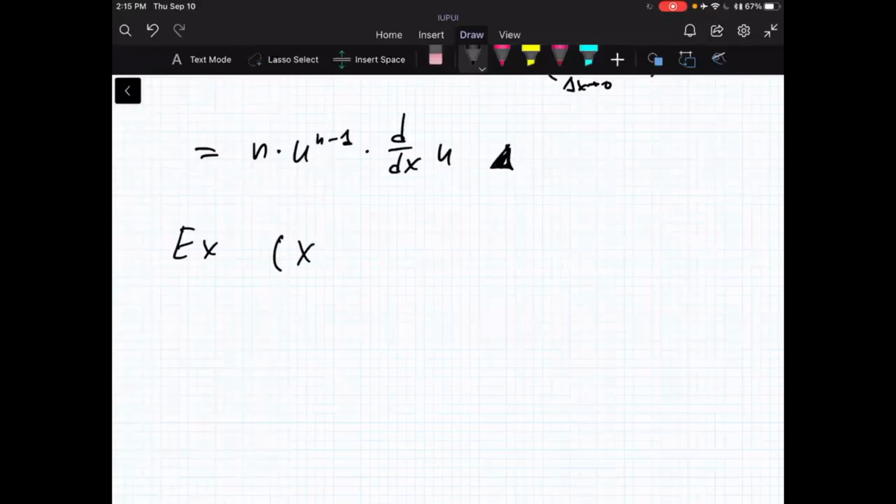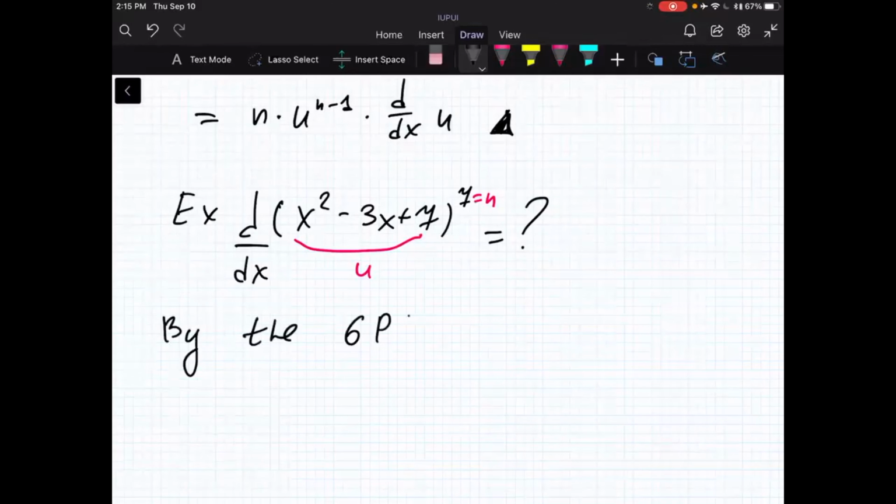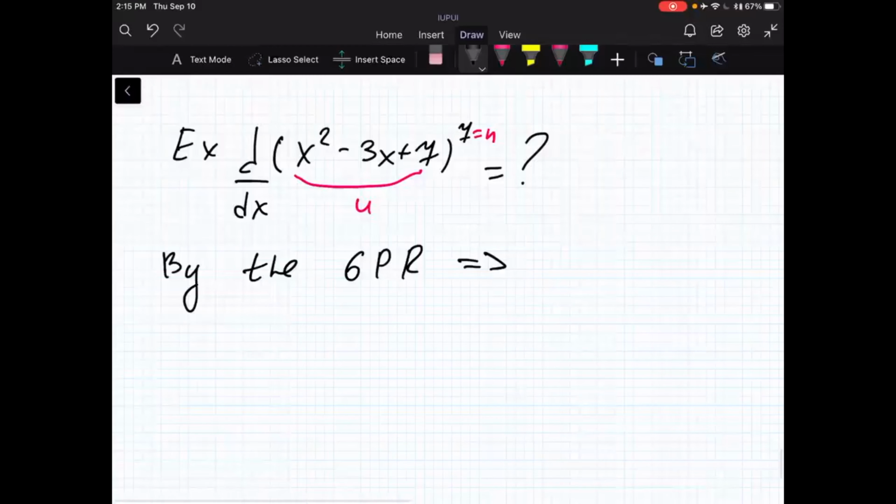Let's go further. And so we can answer what happens with this function: the derivative of x squared minus 3x plus 7 to the power 7, d over dx. So this is my u, and this is my n. So by the generalized power rule, let me write it again: the derivative of u to the power n is equal to n times u to the power n minus 1 times the derivative of u.